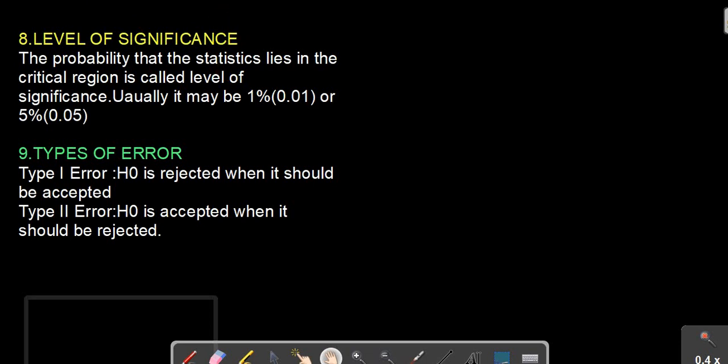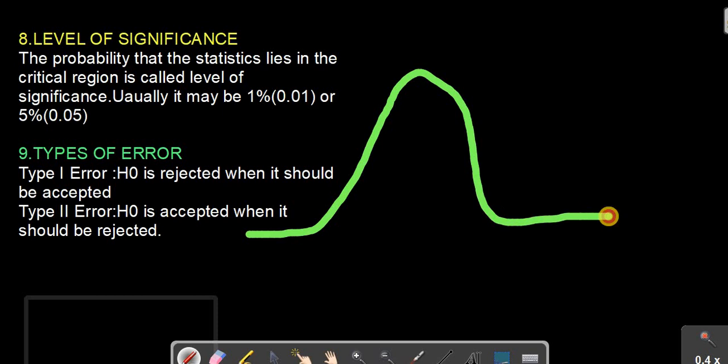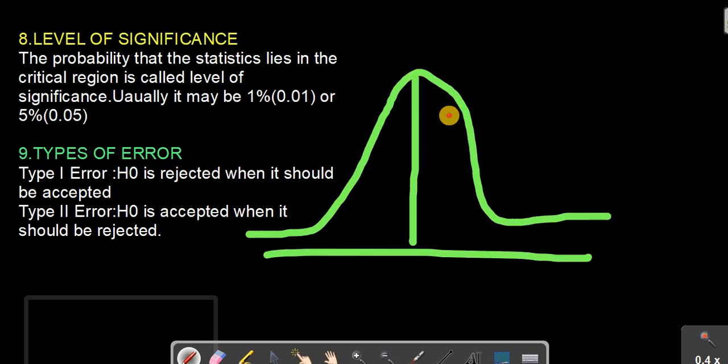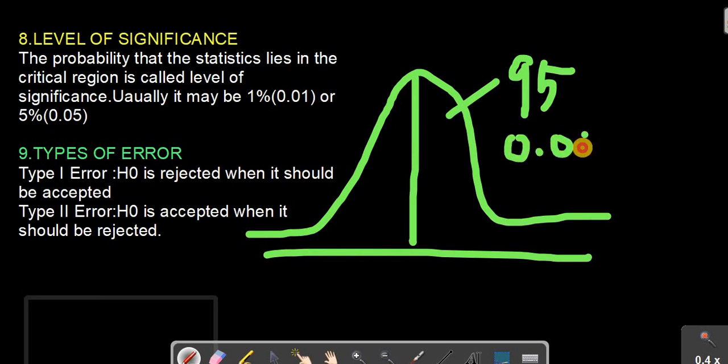Just before, I was explaining that this is a normal curve. In the normal curve, there is a 95% chance of acceptance, or 0.05 of rejection. This is the accepted region, and this is the rejected percentage, the level of significance.